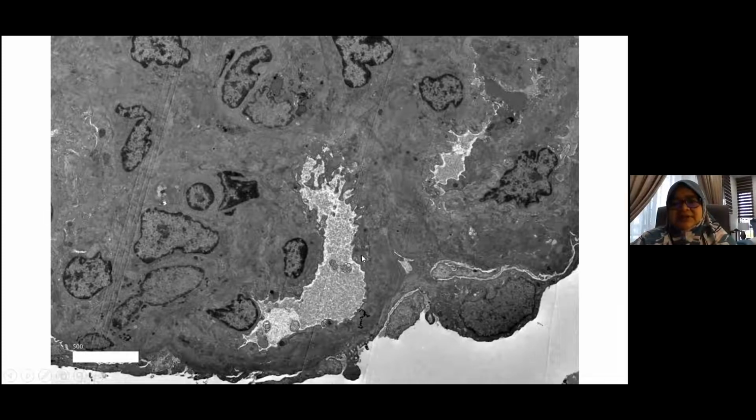Okay, so let's orientate ourselves first. So this is the urinary space. And this is supposedly the foot processes, which are all effaced, and this is the podocytes. Okay, and we can see that this is one of the loops.